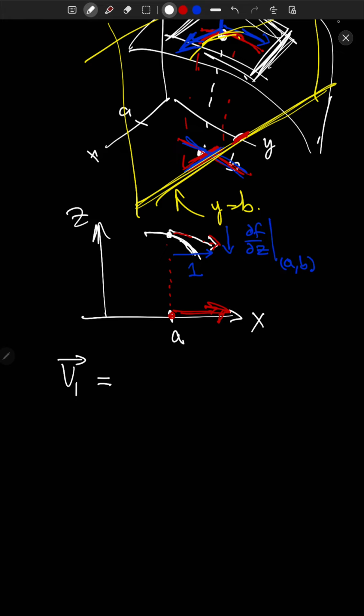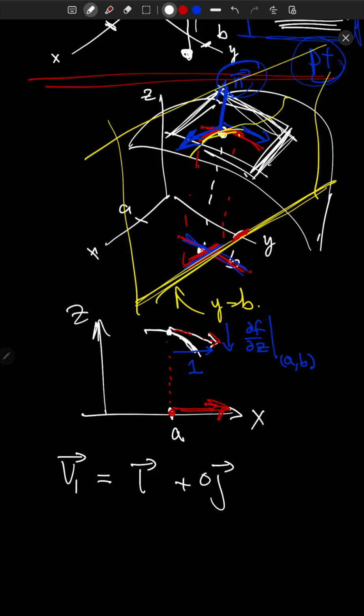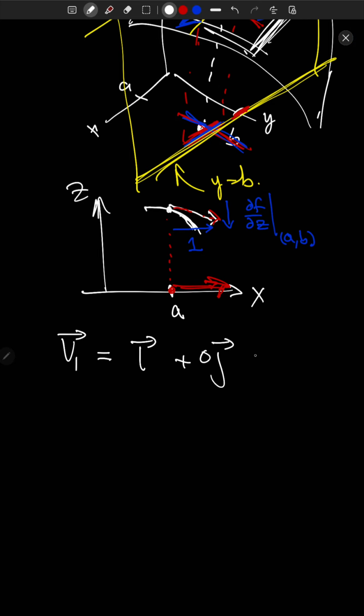That's going to be the vector 1i, because it's one step in the x direction, plus 0j, because this arrow is not moving in the y direction, because we're on this yellow plane where y is just a constant. And then plus df dx at a comma b, k.